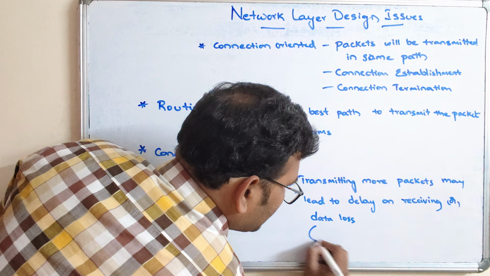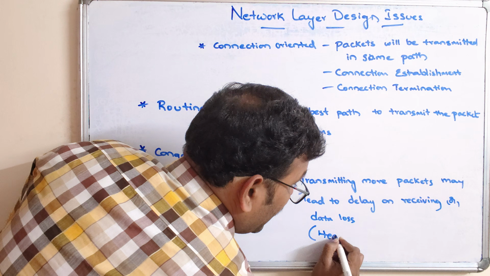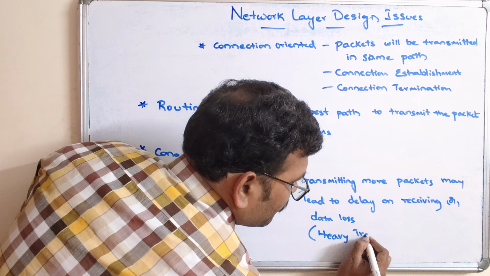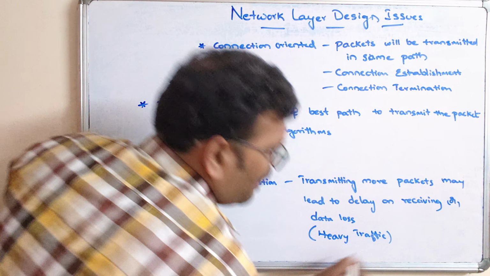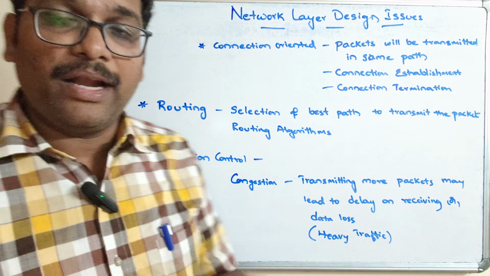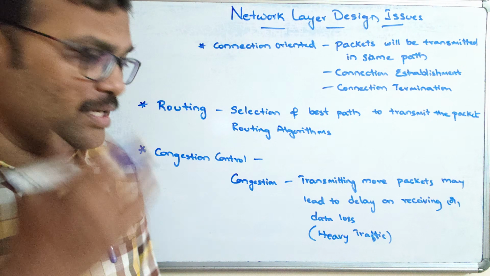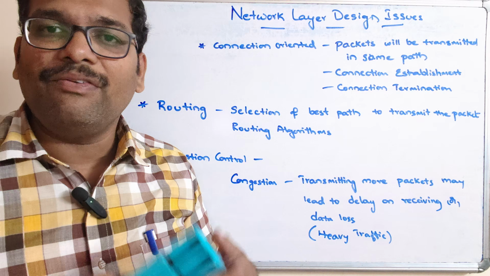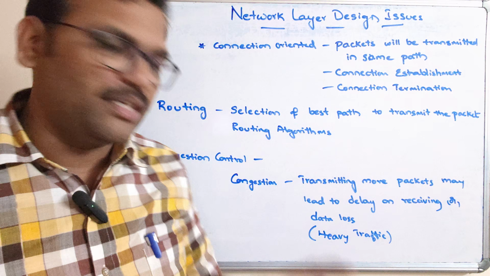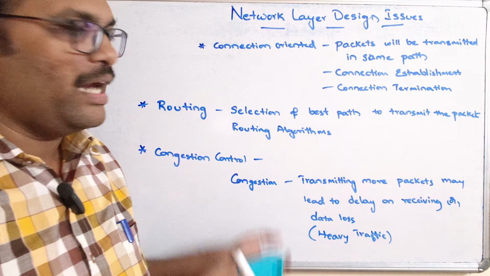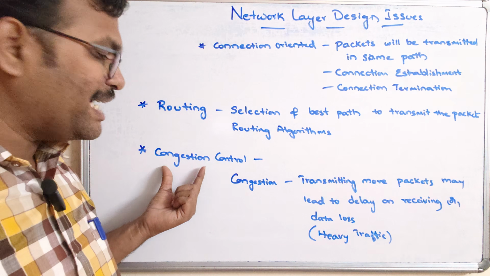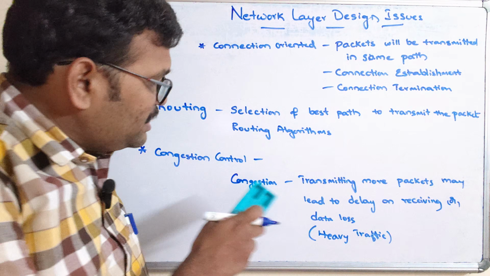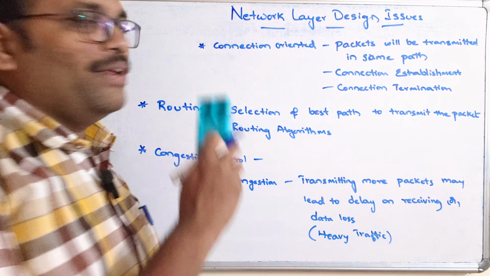Simply for understanding, I'm writing heavy traffic. If we are traveling from one place to another place, and there is heavy traffic on the road, obviously there will be some delay to reach the destination. The same thing happens in the network, and we call it congestion. So this is one more design issue of a network layer.